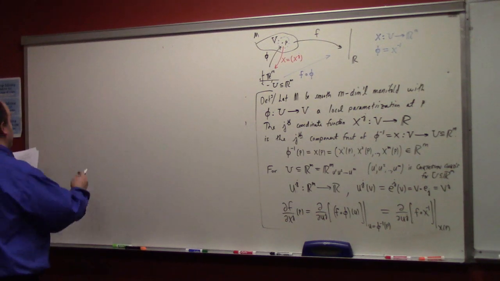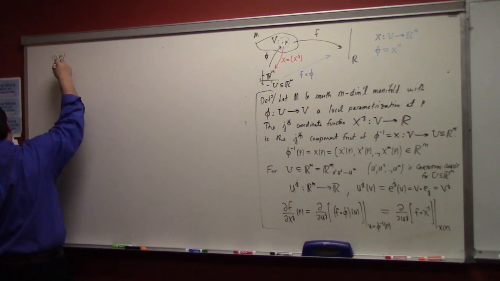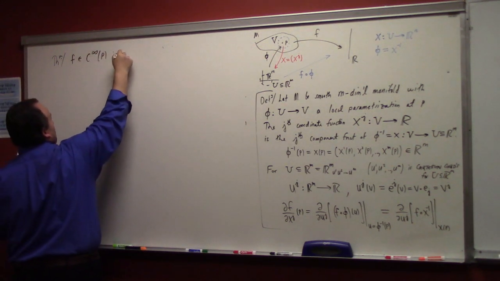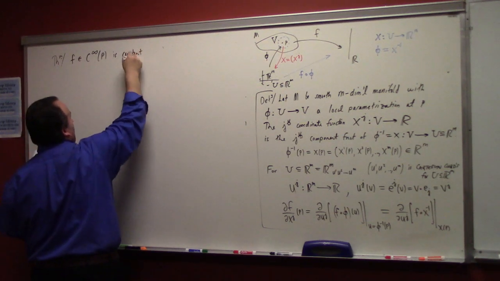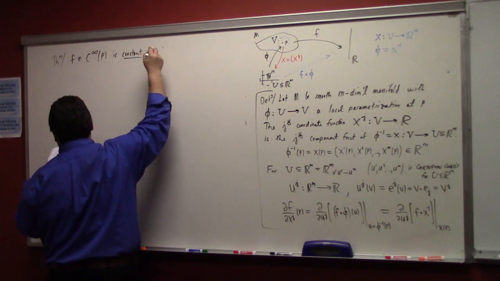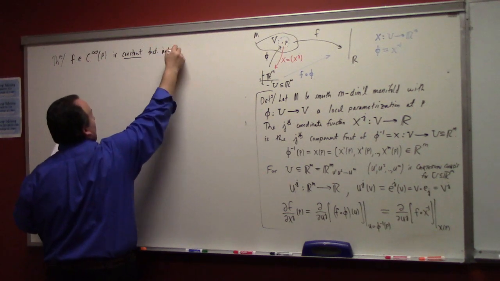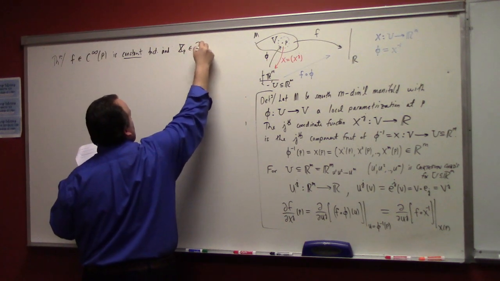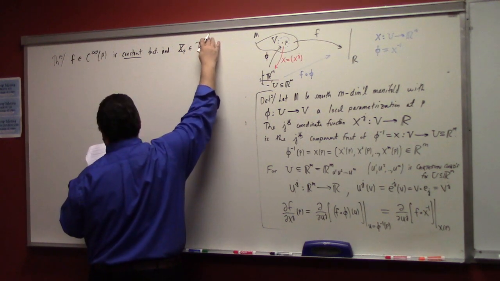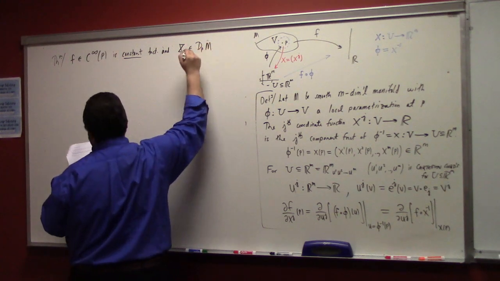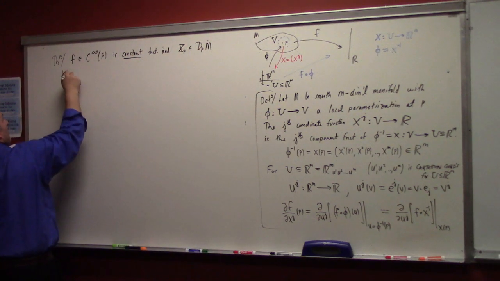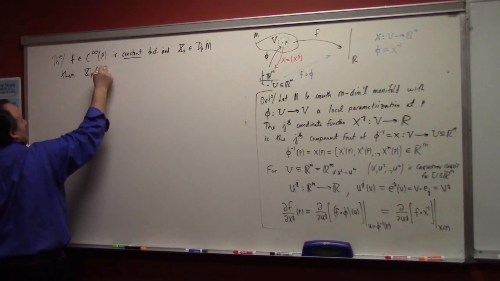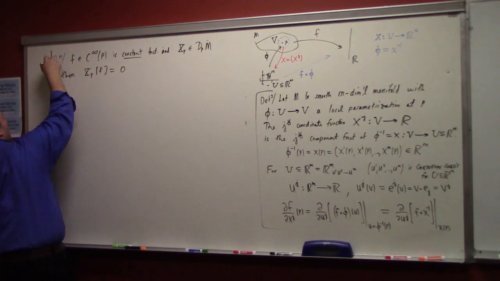But if you've got a constant function, if f, an element of C infinity at p, is a constant function, and Xp is an element of the derivations at p on M, then what can you tell me? Then Xp acting on f is what? It's 0, right?